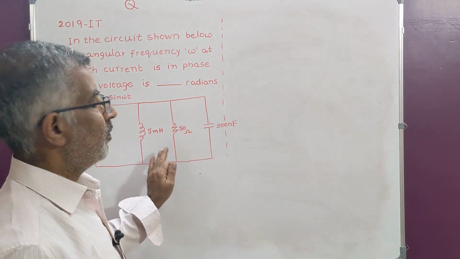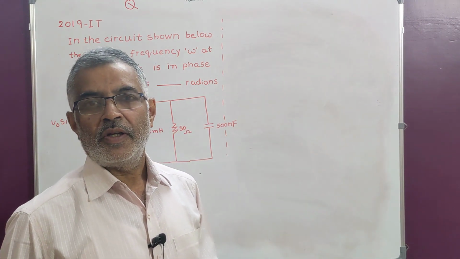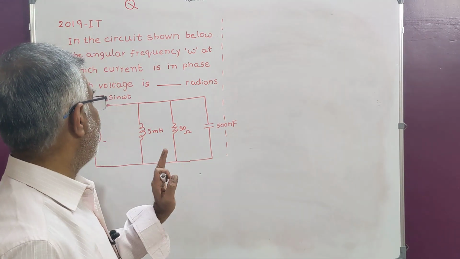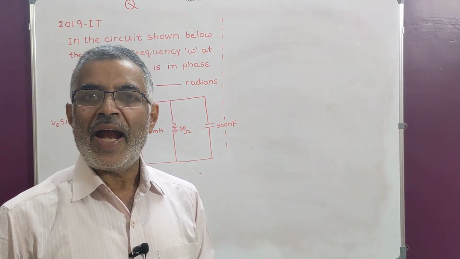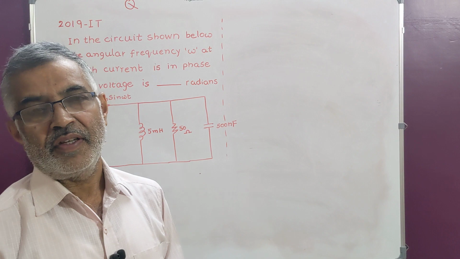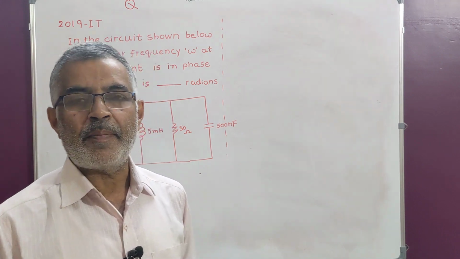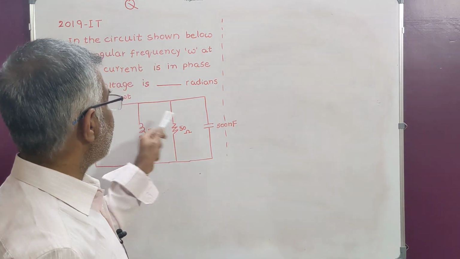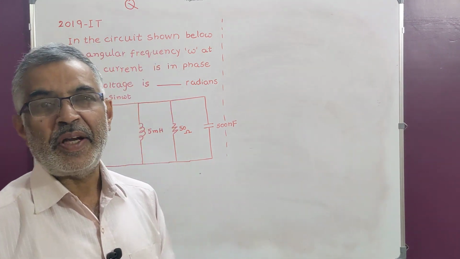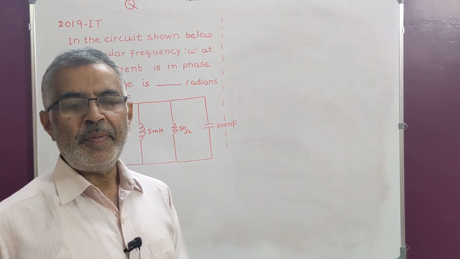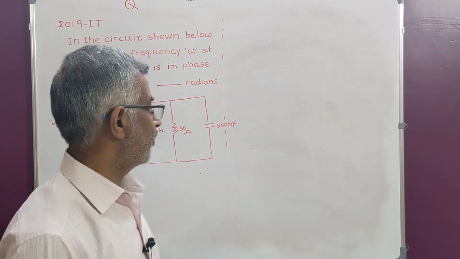Now in this parallel circuit, admittances can be added. We can't add impedances directly. In series circuits we can add impedances, but in parallel circuits we can directly add admittances. Admittance is the reciprocal of impedance.